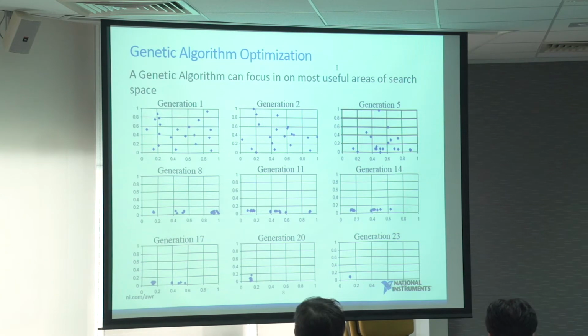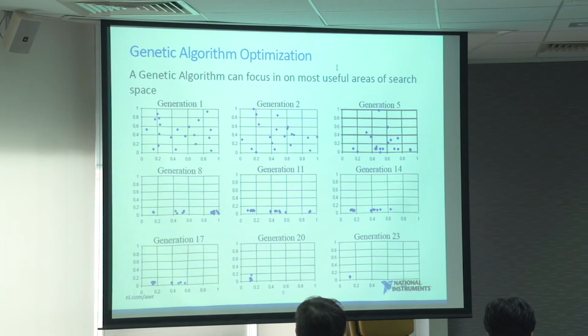So this is a chart of how a genetic algorithm can search this kind of a space, and the synthesis tool that I've developed and that we have at AWR, National Instruments, is based heavily on the genetic algorithm. Now, a genetic algorithm, in case you are unfamiliar with that, is similar to the way one might breed racehorses.